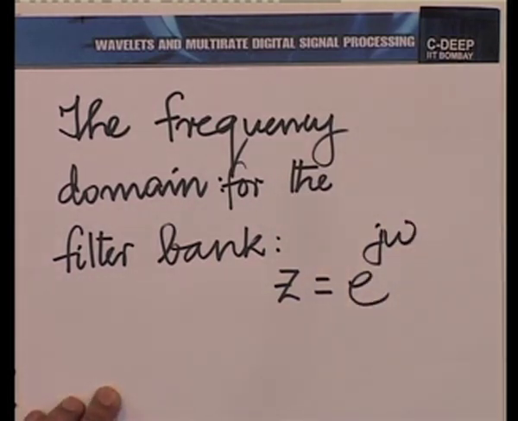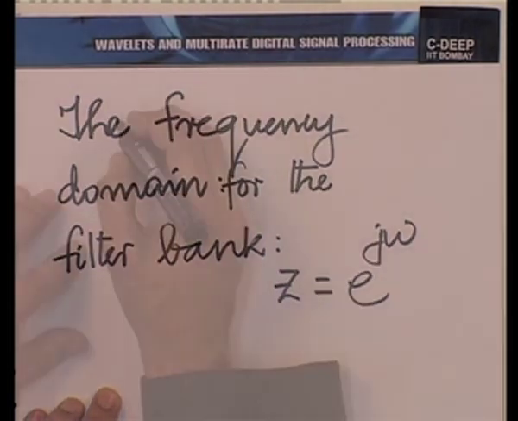Let me once again recapitulate a few concepts from discrete time signal processing for the benefit of the class. Although one would have done these in a course on discrete time signal processing, it helps to put some of this discussion in perspective. You will recall that we had defined the Z transform last time.